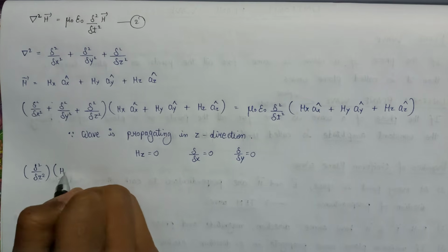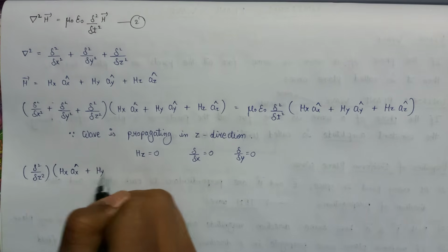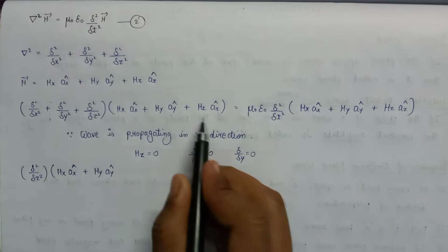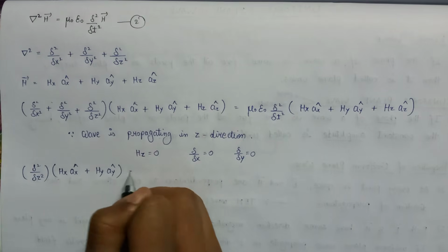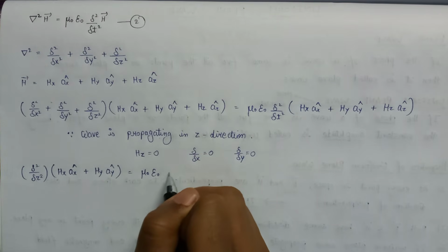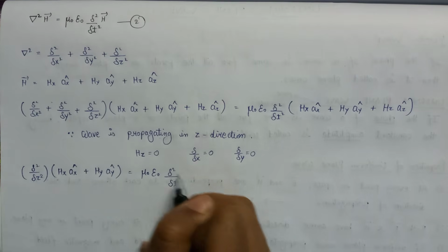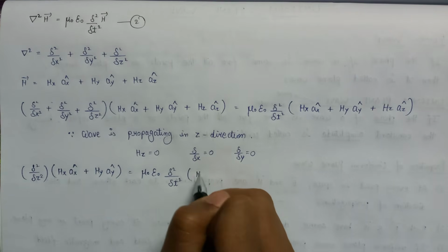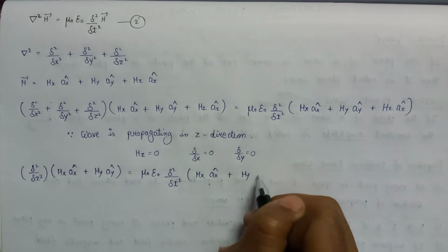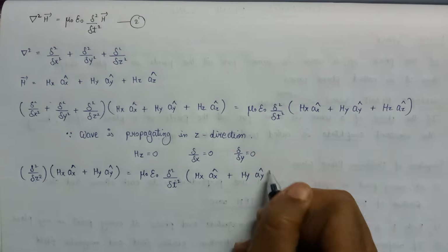And here Hx Ax cap plus Hy Ay cap, and Hz is equal to 0, equals mu 0 epsilon 0 del 2 over del t square of Hx Ax cap plus Hy Ay cap, and Hz is equal to 0 only.